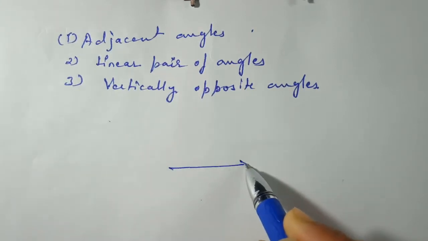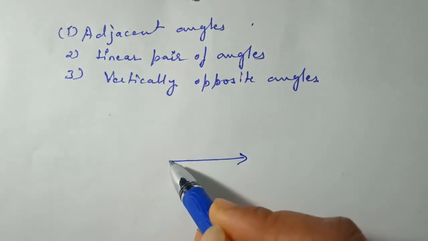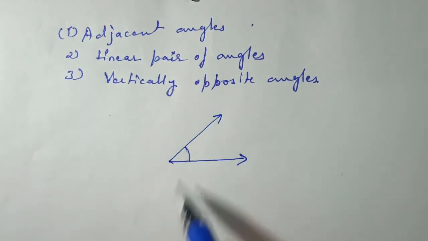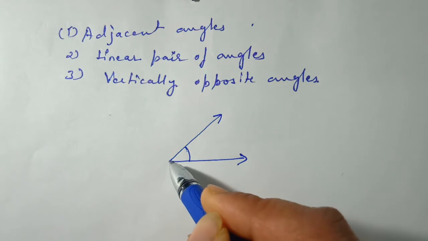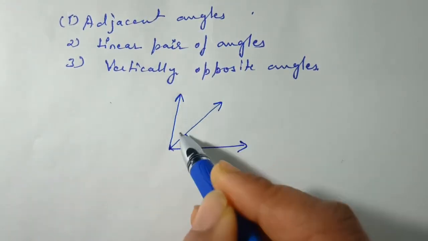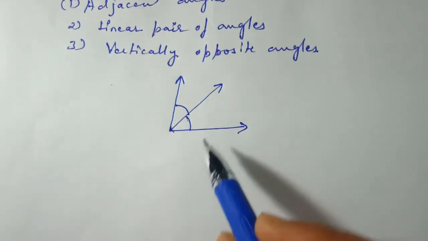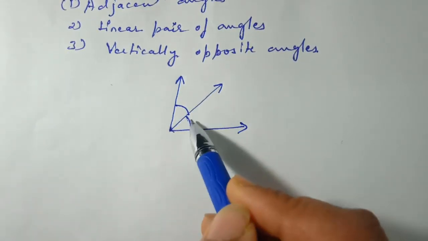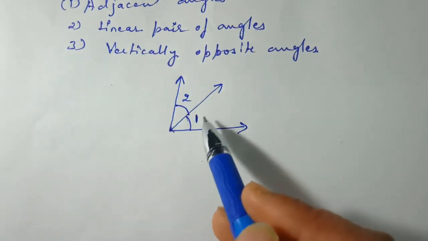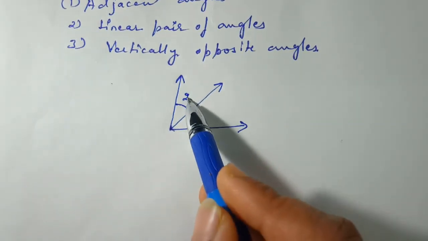Suppose we have a ray, and one ray is also attached with it. We get an angle. If we draw through the same point another ray, we get one more angle. So here we are observing these two angles, let me name them angle 1 and angle 2.